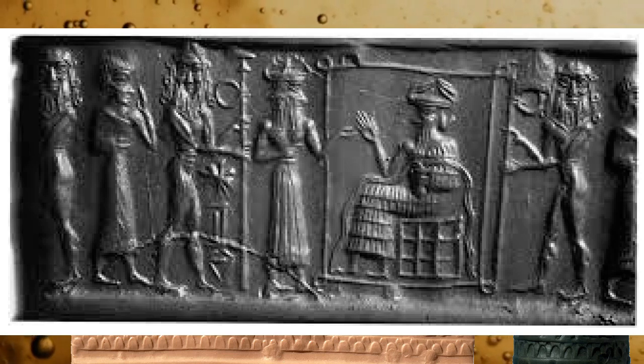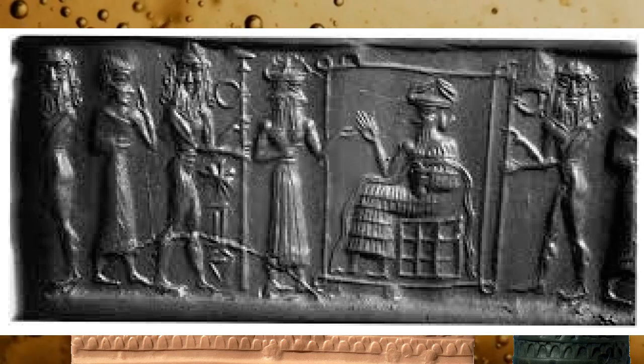In this next one, again he is in a box, but you don't see the curtain-looking curves on the top of the box. And again, he is holding a jar that is overflowing with water. Jar, vase, basin, whatever you want to call it. It is overflowing with water.